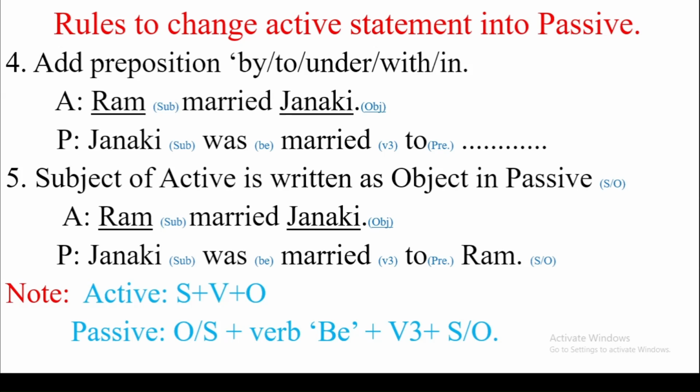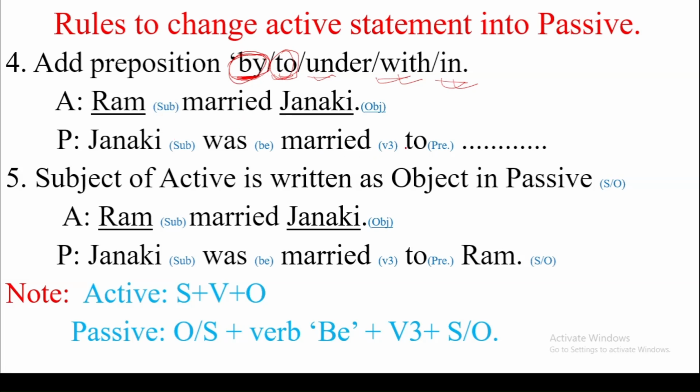then we add a preposition, generally by. After V3 in passive we add by or to or under, with or in. Generally by is added, but with some verbs we have to use a different preposition like to, under, with. So generally with married we use to as a preposition.